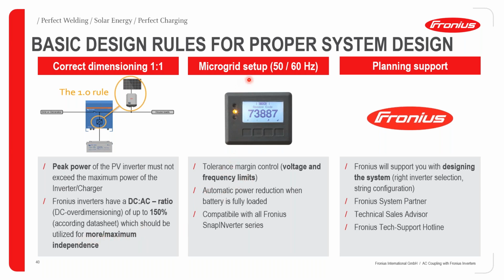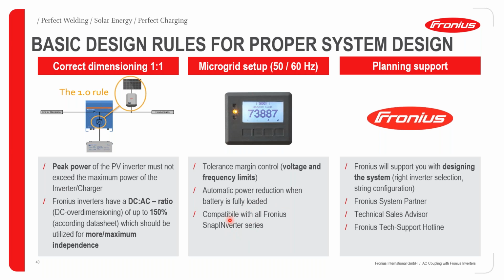And then, for the microgrid setup, please ensure that you select either 50 or 60 Hz, depending on the frequency of operation for your region or country, as the case may be, because this would help in the tolerance margin control for both voltage and frequency limits. It will also ensure the automatic power reduction when the battery is fully loaded, just like I described by David in the previous slide.